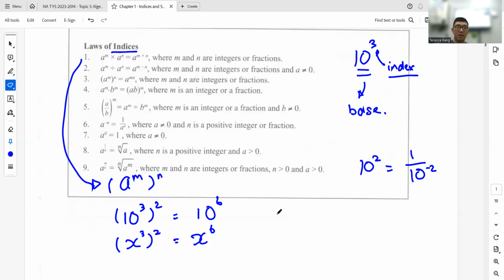Now, since you've been thinking about negative indices, let's try x to the power of minus 3, bracket squared. What do you get? 1 over x to the power of 6. Yeah, x to the power of minus 6, which is then 1 over x to the power of 6.